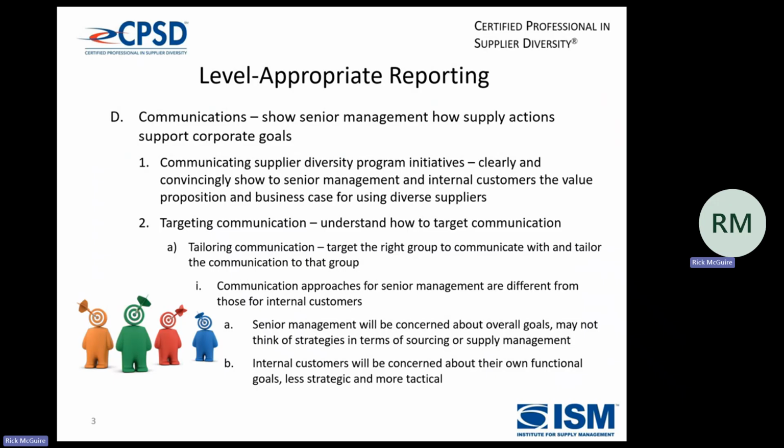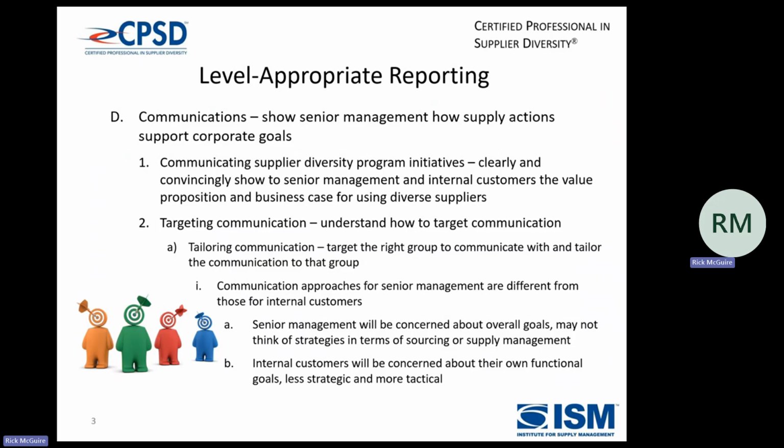Communicating supplier diversity program initiatives clearly and convincingly shows senior management and internal customers the value proposition and business case for diverse suppliers. So, targeting communication: understand how to tailor it to the right group you are communicating with.